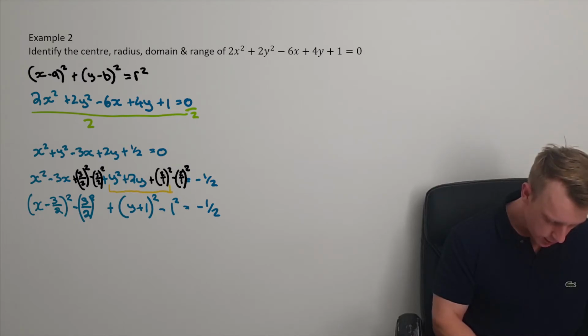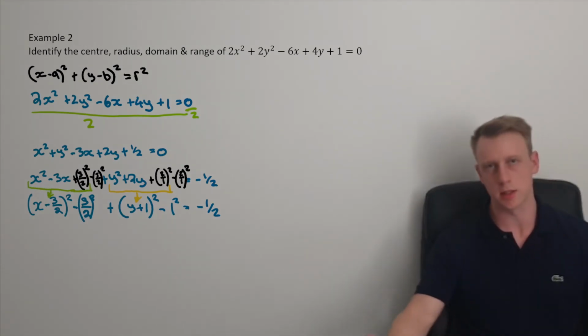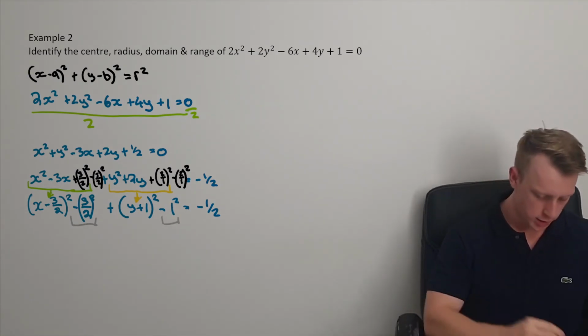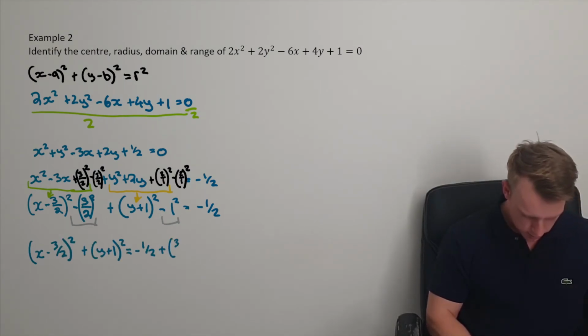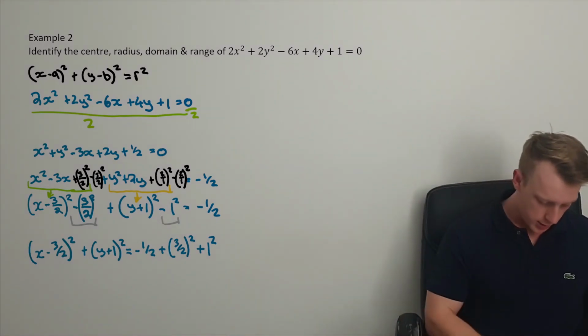This just became that, and this just became that. That's why we put it in this complete square form. And then with these constant terms here, we need to throw them onto the other side of the equation, and then we just need to simplify this right hand side.